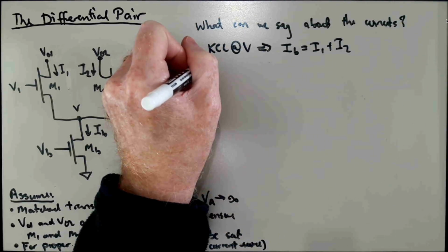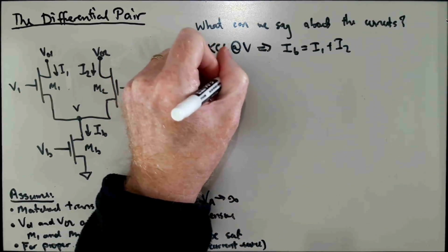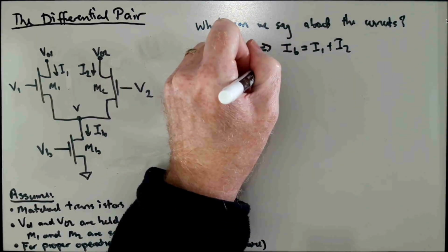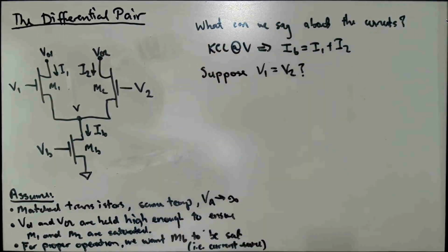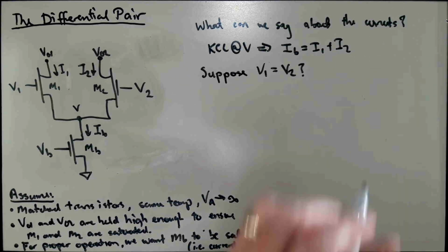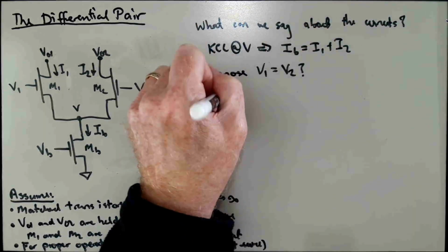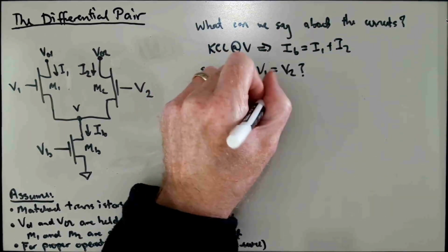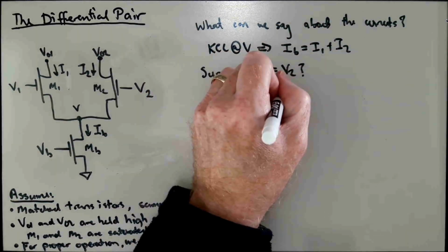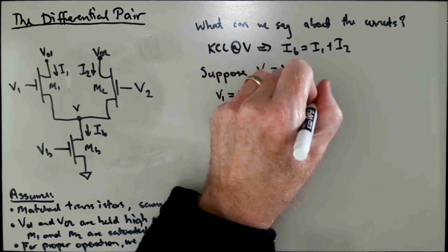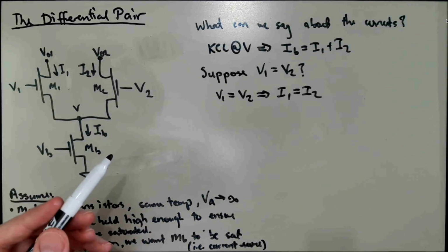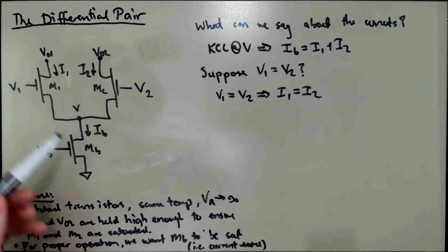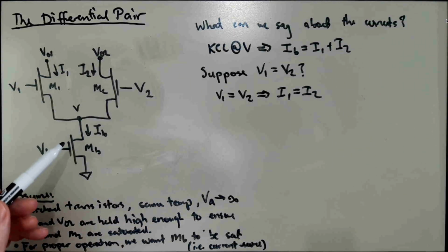That should hold generally. Suppose V1 equals V2. What can we say about the currents in that case? Well, V1 equals V2 implies that I1 equals I2, because they have the same source voltage by the way they're connected, and they're saturated, so the same gate voltage implies the same gate to source voltage, and that implies the same currents.